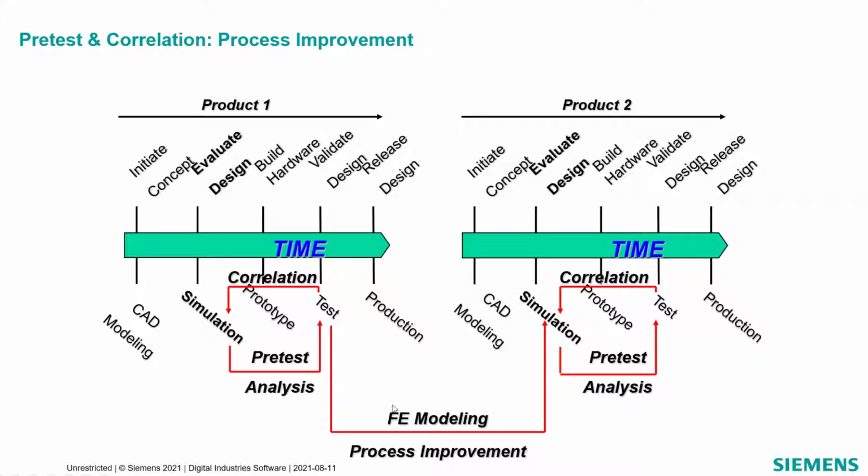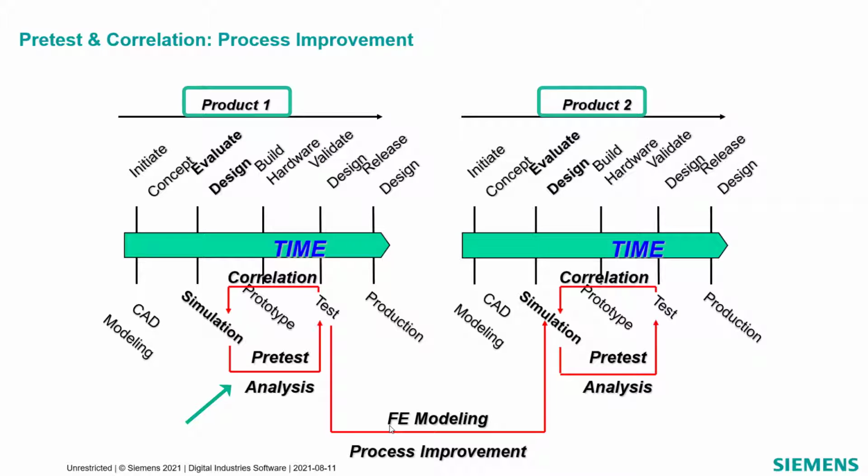And I think the reason why we have this diagram here is your company has to give you the time after product one is released to check out your assumptions, to do your process improvement before you go on to design product two. And in some places, there's such a hurry, they don't bother to do that calibration or checkout after the first generation product.